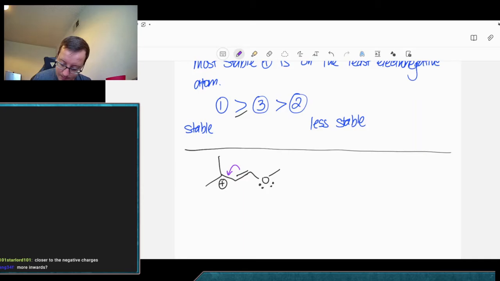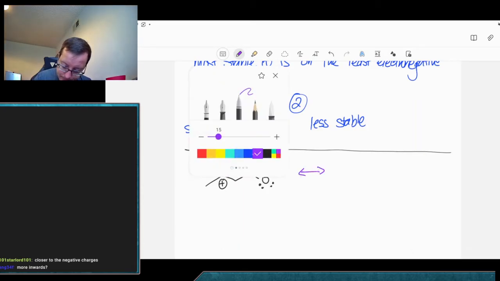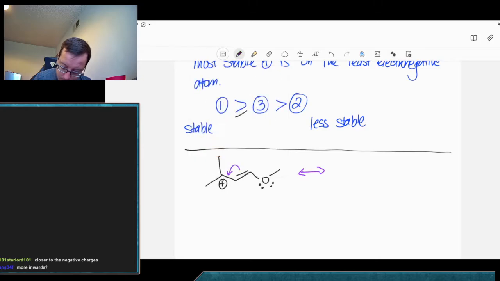If we do that, resonance arrow here. If we go ahead and draw this molecule, we now have our double bond here. We now have our positive charge here.